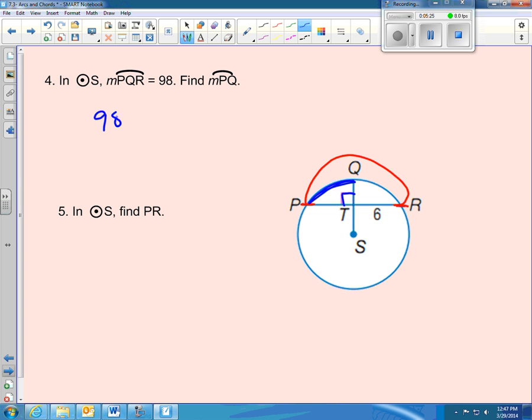So 98 divided by 2, we get 49 degrees. In circle S, find PR. Again, because of this 90-degree mark right here, we know that these two parts are congruent. So PR is 6, and that's only half of PR, so PR is going to give us 12.